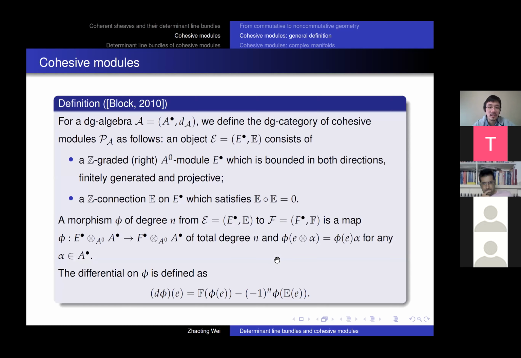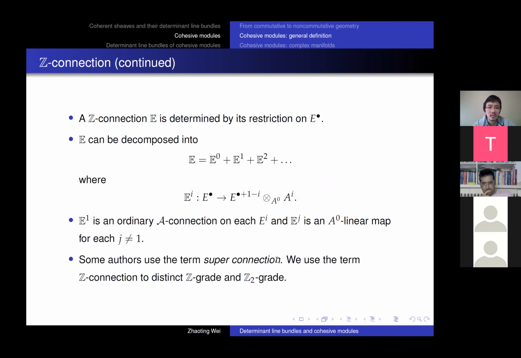So let me give an illustration. A Z connection is determined since it satisfies the Leibniz rule. So a Z connection is determined by its restriction onto E dot itself. And it can be decomposed into a lot of components, E0, E1, E2. And for each Ei, it maps E dot to E dot plus 1 minus i, tensor A0, tensor Ai.